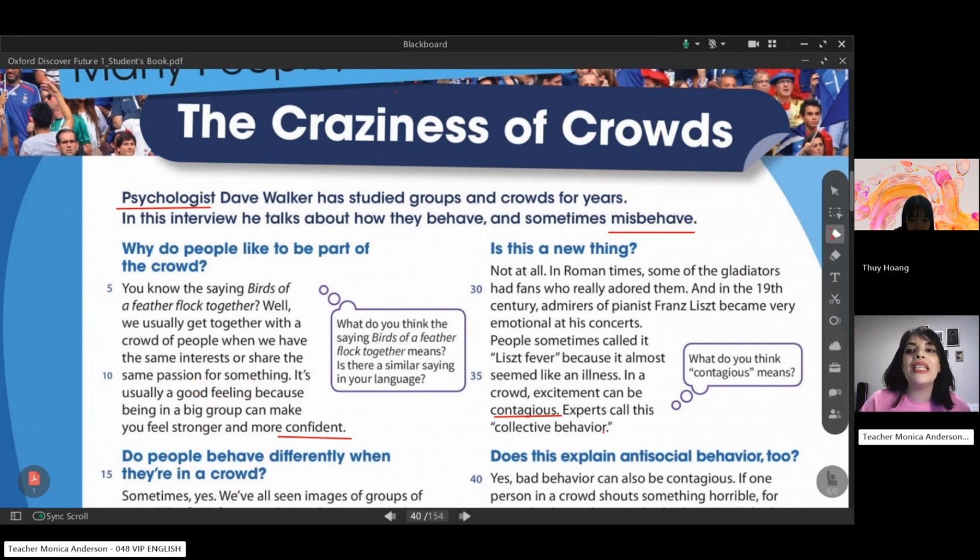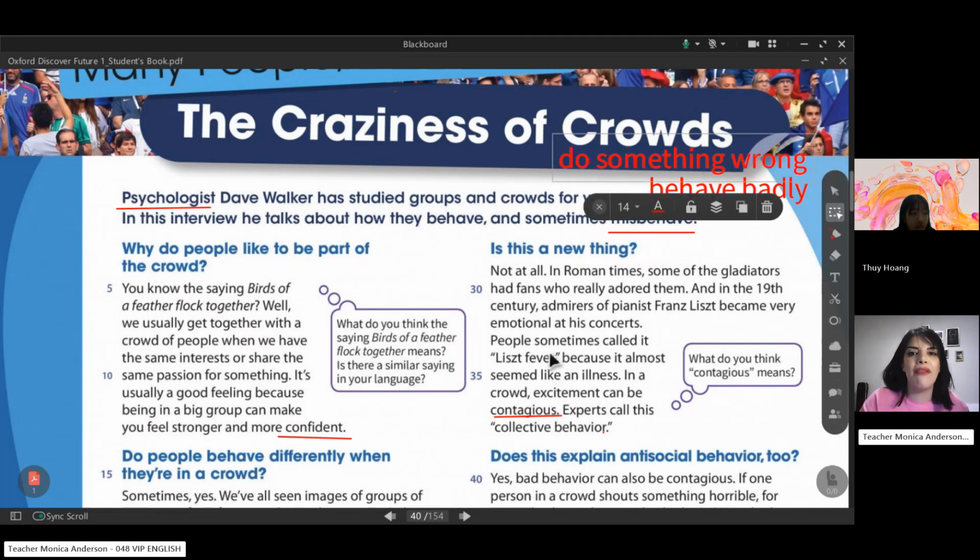Misbehave means behave badly. It means doing something bad or doing something wrong.